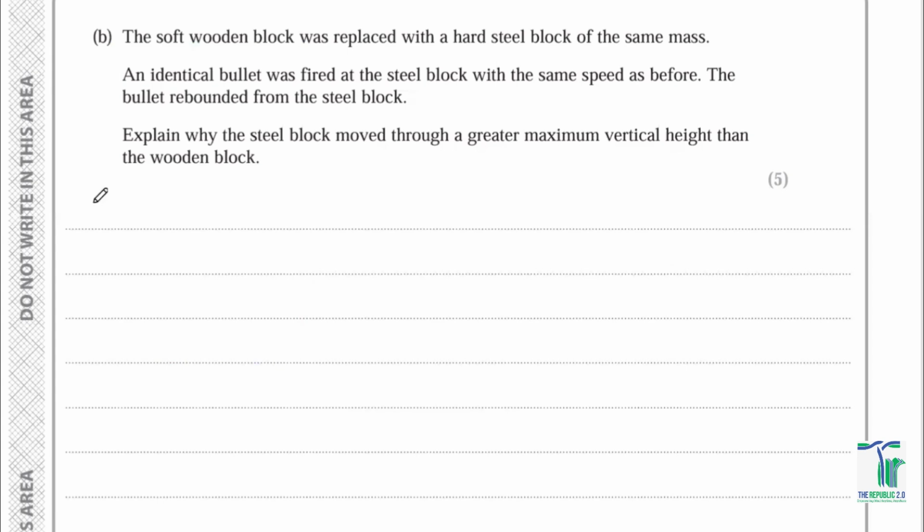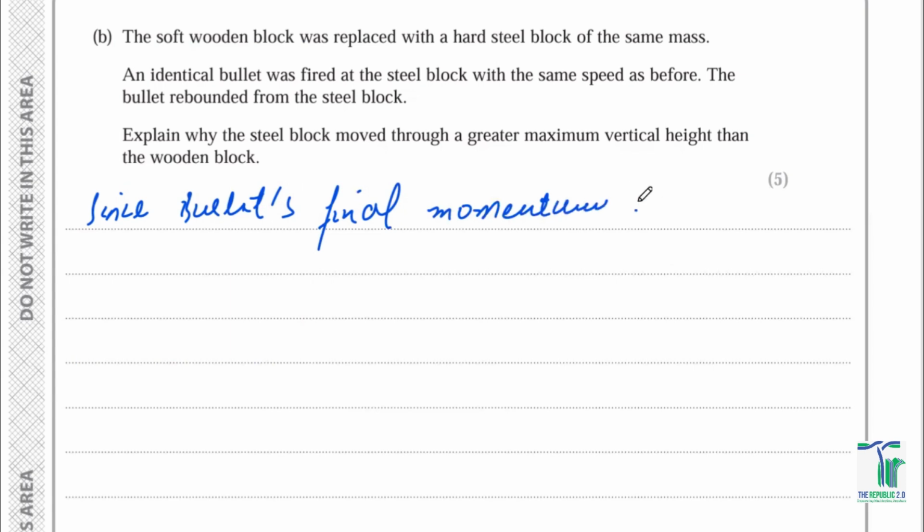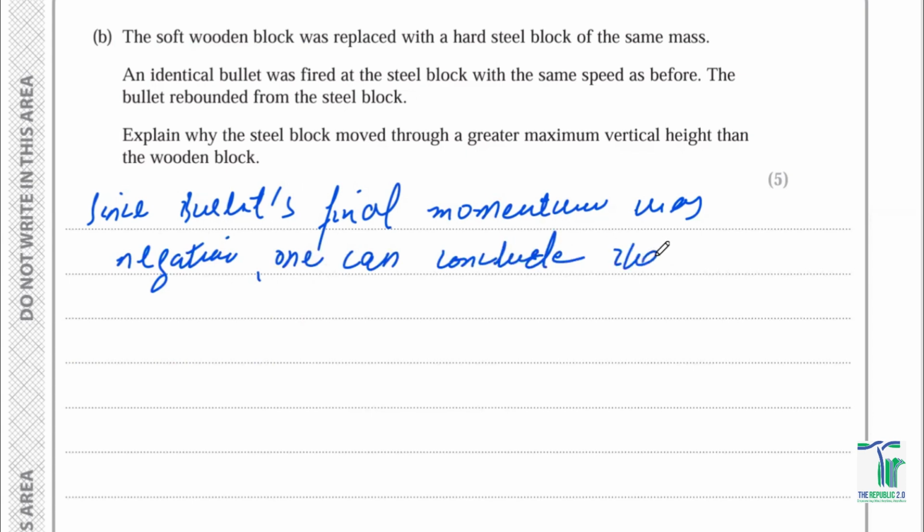So first of all, since the bullet's final momentum turned out to be negative, one can conclude that it had a greater change in momentum because it moved backwards, right?